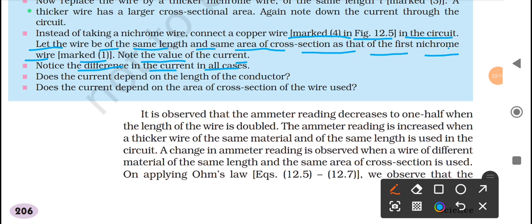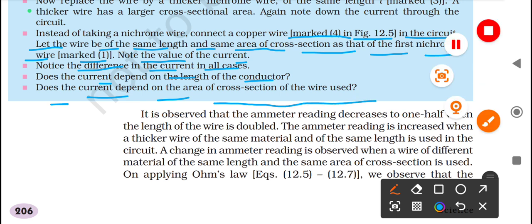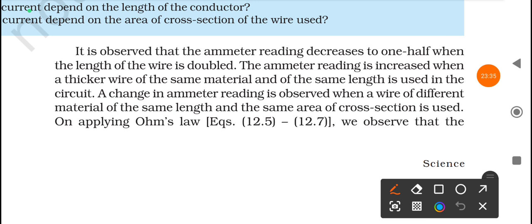Note the value of the current. Notice the difference in the current in all the cases. Does the current depend on the length of the conductor? Does the current depend on the area of cross section of the wire used?